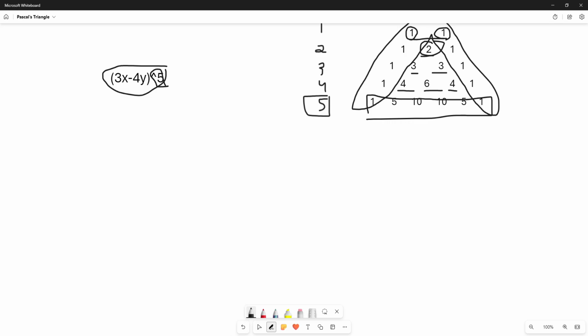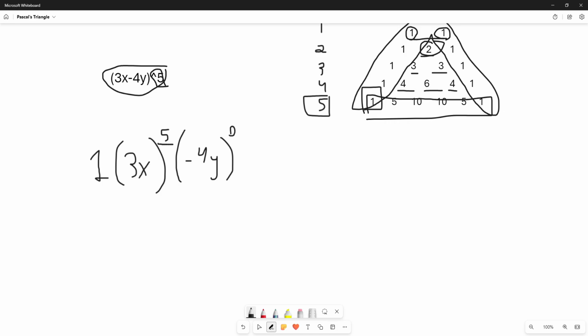So now what we do is we write out, we take the first number, which is a 1 here. Write a 1, which is going to be multiplied by the first term, 3x to the power of 5. So we start off with 5, and then we use the other term, minus 4y to the power of 0.